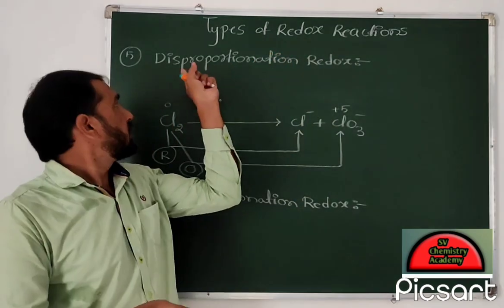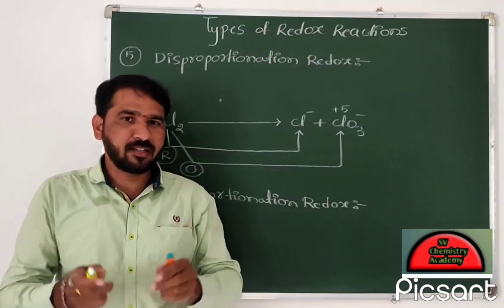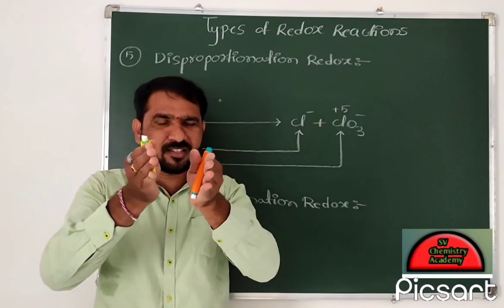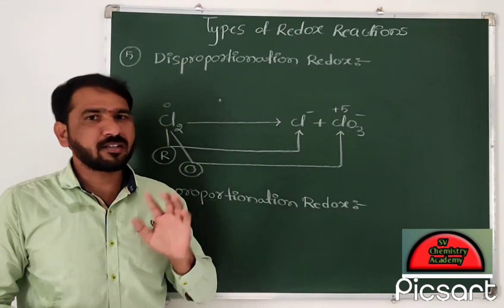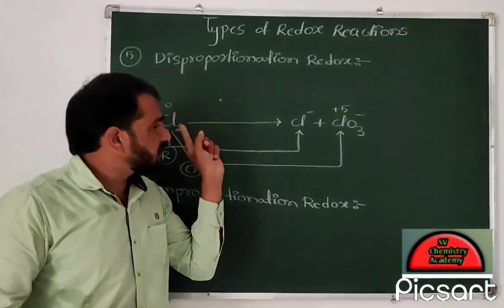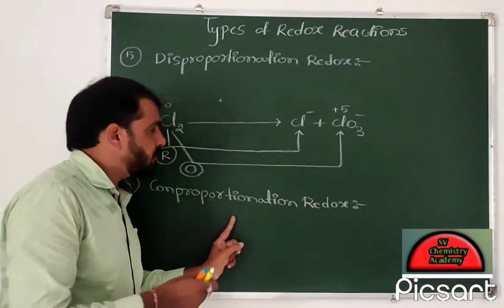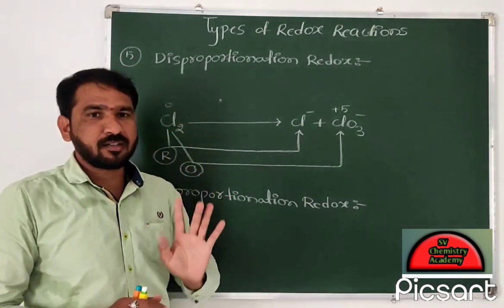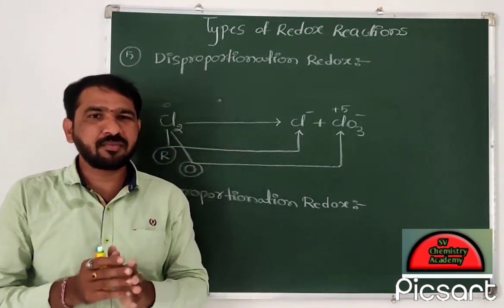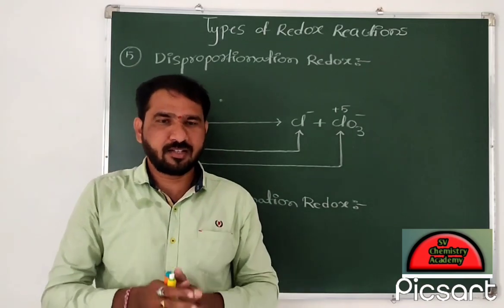That is the disproportionation redox reaction. 2 different oxidation states combining into a single oxidation state, na? That is the comproportionation redox reaction. So the backward step is the comproportionation reaction, the forward step is the disproportionation redox reaction. So these are the types of redox reactions.